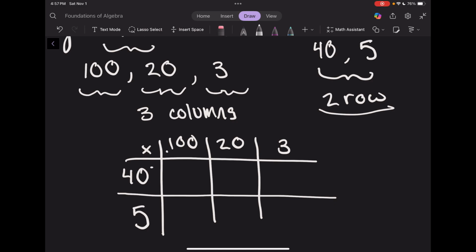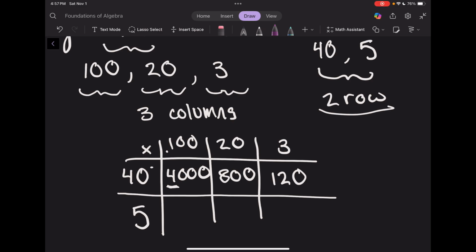So I'm going to do 40 times 100, which gives me 4,000. I used the number of zeros trick. We have 3 zeros here, and 1 times 4 is 4, which is less than 10, so I don't have to add an additional 0. I can just put the 4 there. And then 20 times 40 gives me 800. 3 times 40 gives me 120.